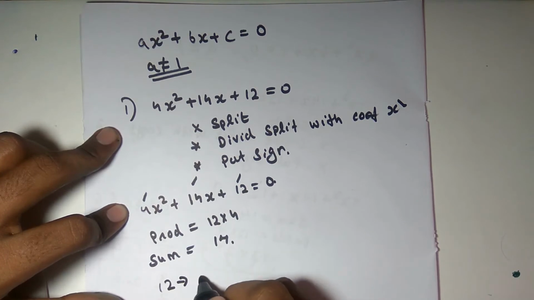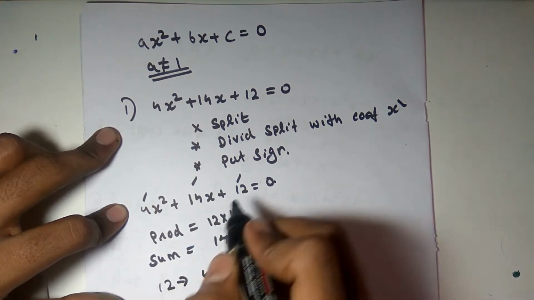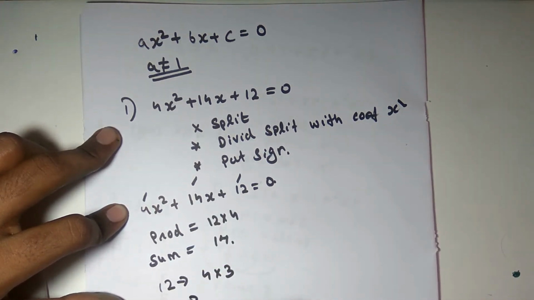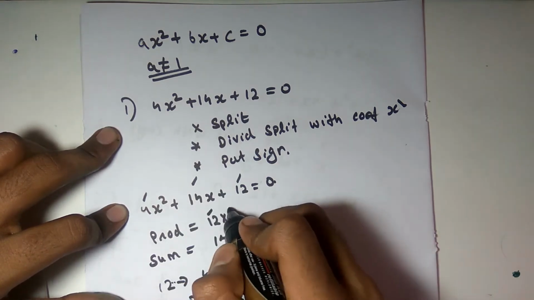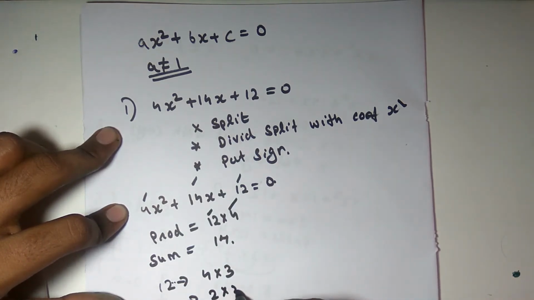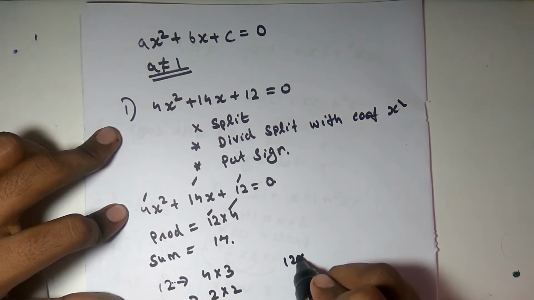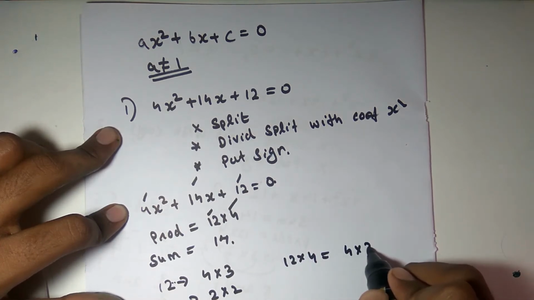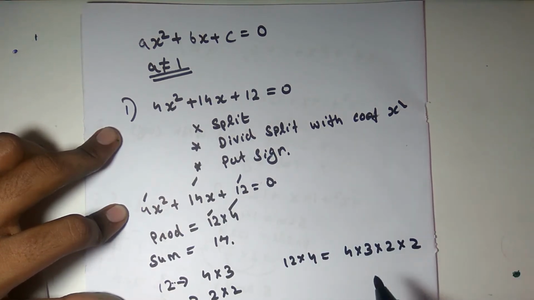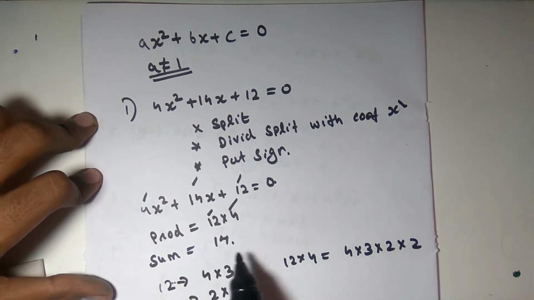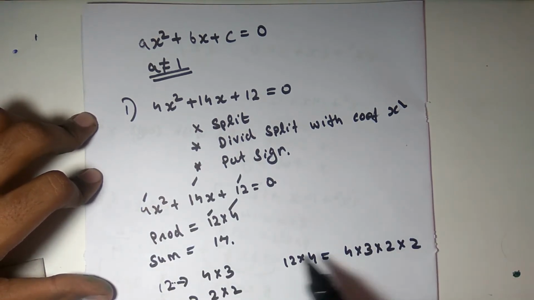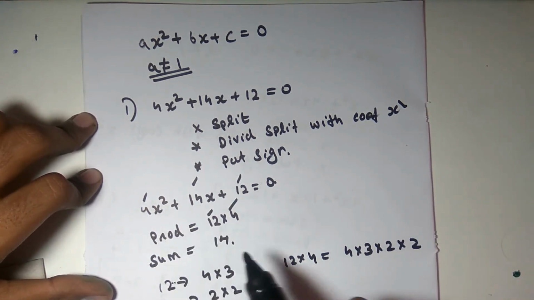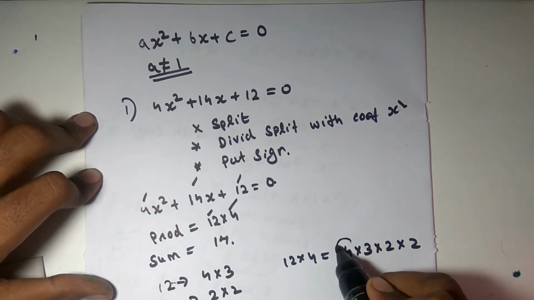Just factorize 12. We get 4 into 3. Then factorize 4, which is 2 into 2. So 12 into 4 would be equal to 4 into 3 into 2 into 2. Now from this we can find the split which makes the product 12 into 4 and the sum 14.